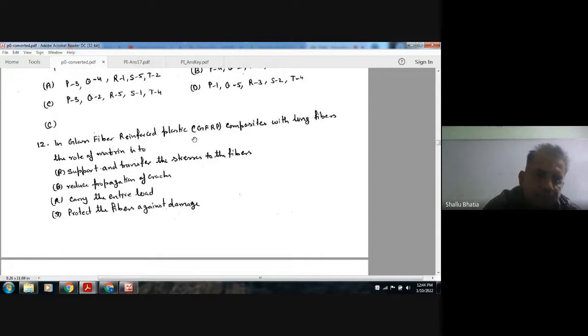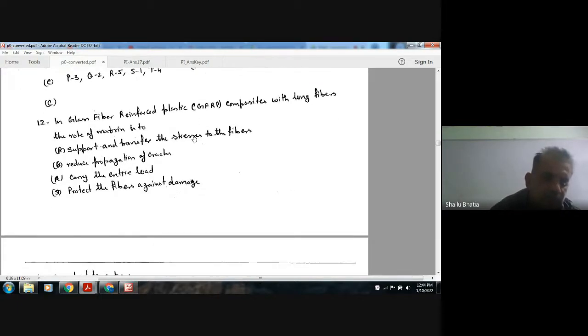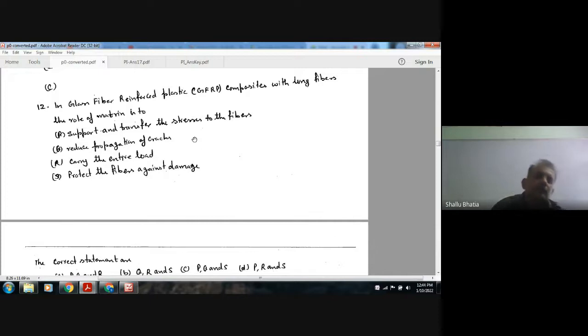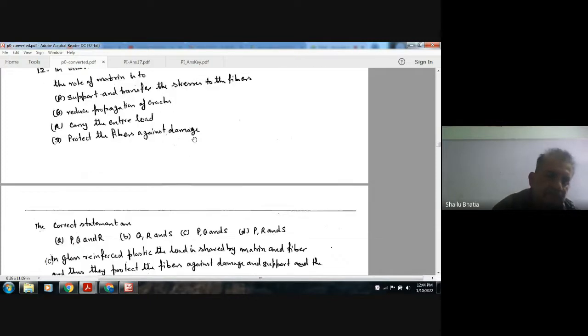In glass fiber reinforced plastic GFRP composites with long fibers, the role of the matrix is to: P, support and transfer the stress to the fiber; Q, reduce propagation of cracks; R, carry entire load; S, protect the fiber against damage.